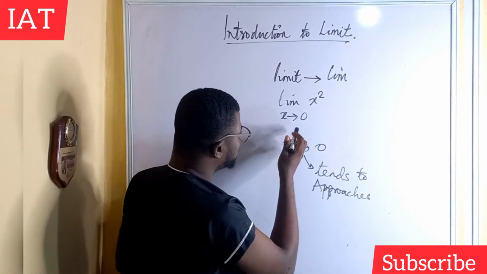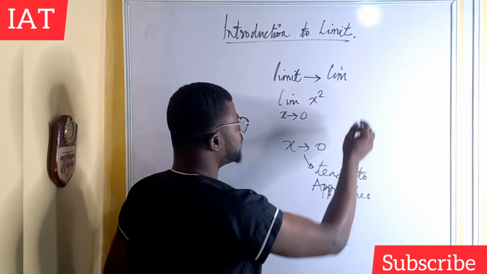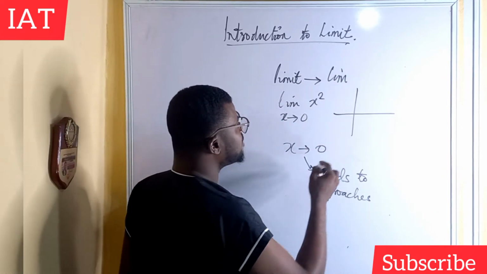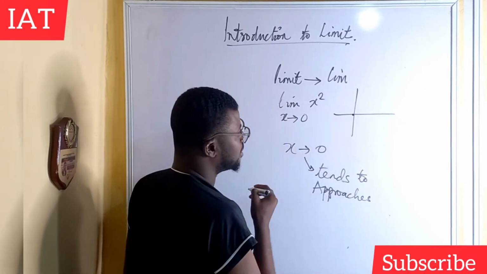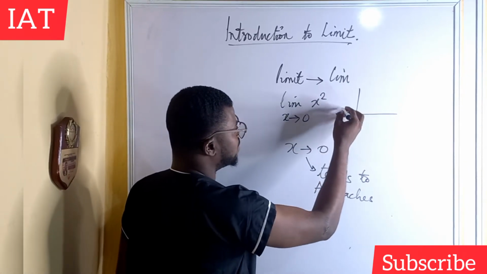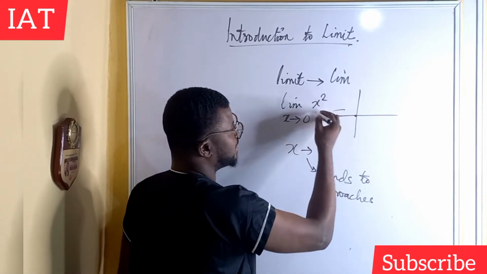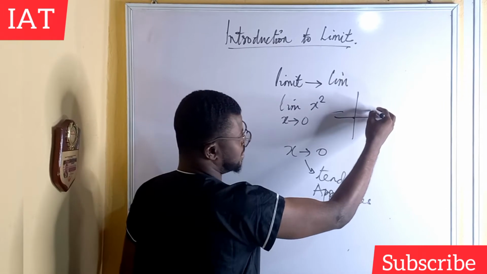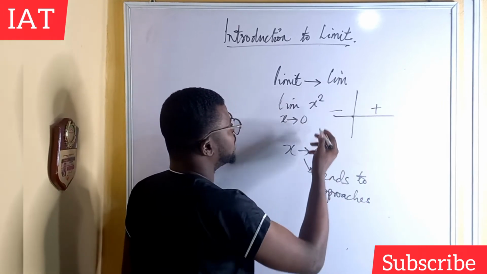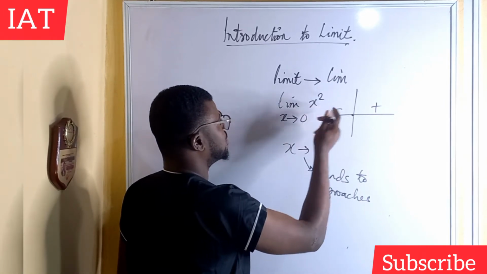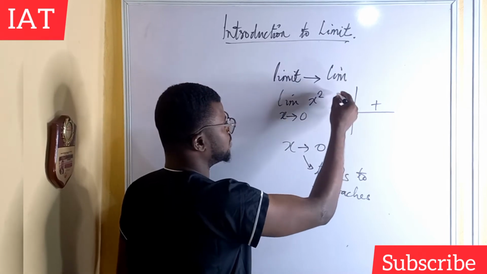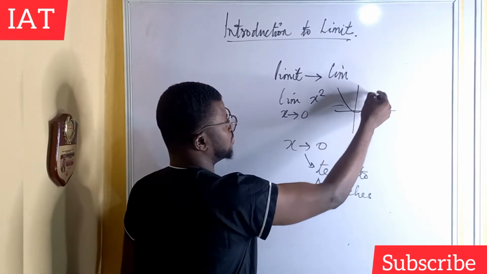As x tends to 0, meaning that in a graphical representation, if I have this to be the 0 point, and from this point to this part will be the negative, and the positive, then a graph of x squared could be something of this sort.